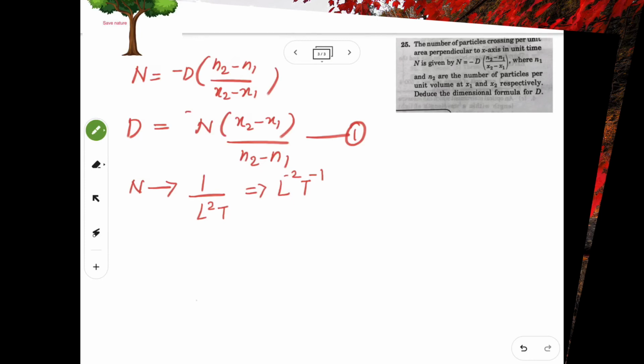Now the dimensions of small n2 and n1, which we have to find from the question. It is clear that n1 and n2 are the number of particles per unit volume.